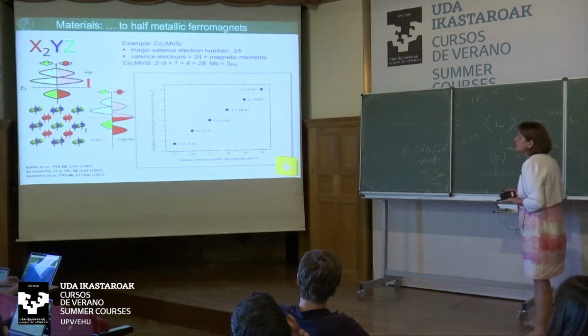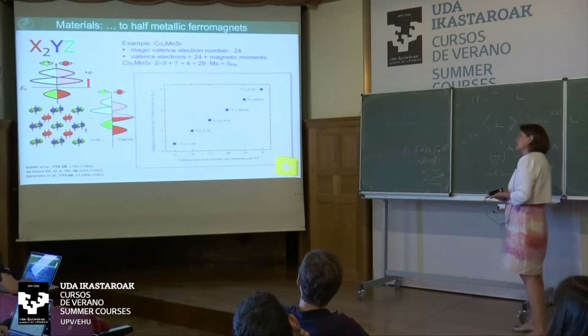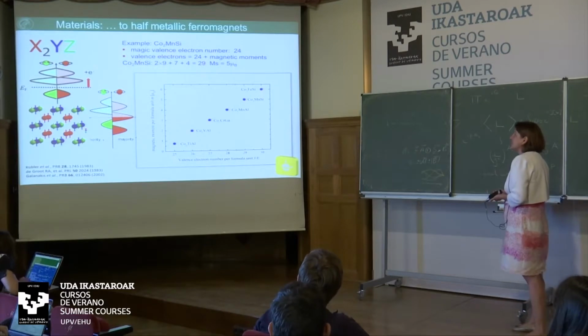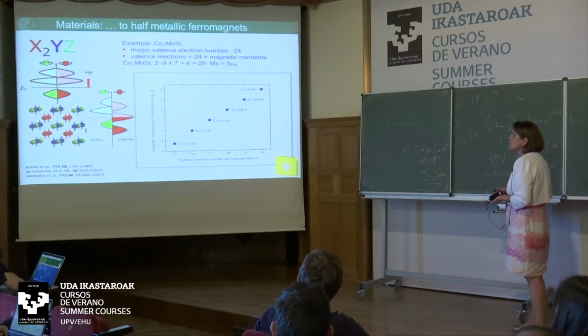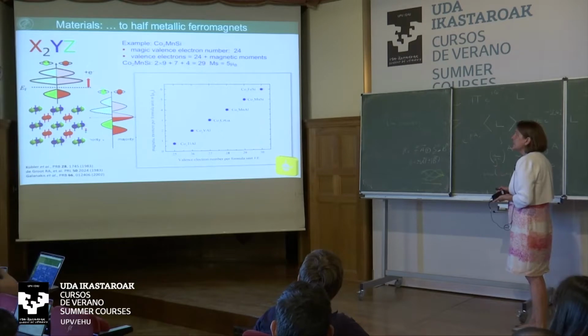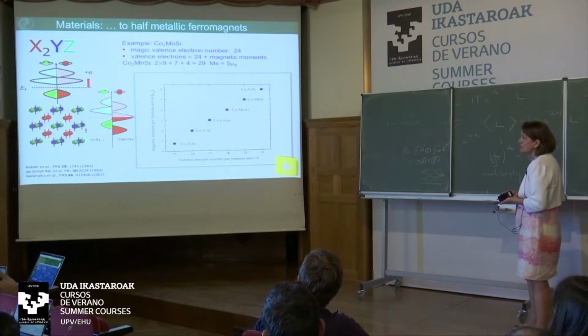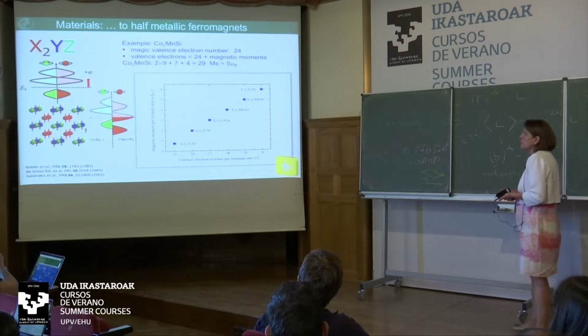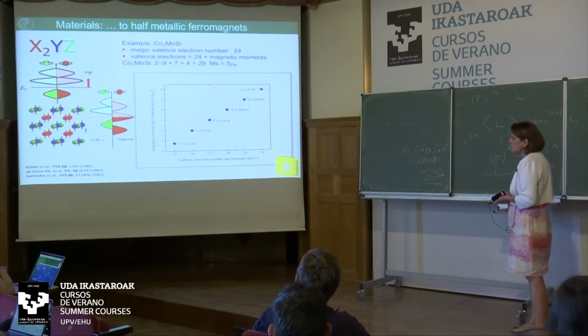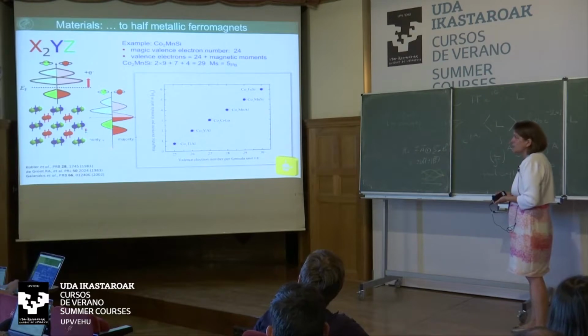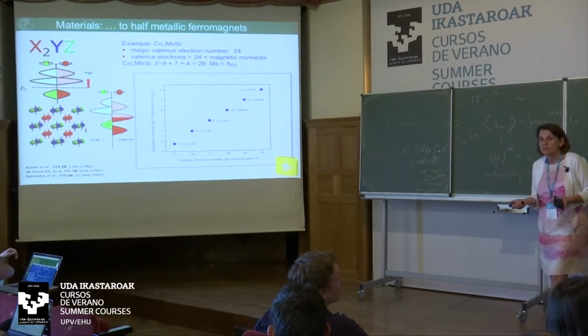If we put more electrons in the system, for example 29 valence electrons as we have in cobalt-2 manganese silicon, we can have a half metallic ferromagnet. With 24 electrons in one spin direction and no magnetism in the other, if we put 5 more in one spin direction, this direction becomes metallic and the other is semiconducting, which is a half metallic ferromagnet.